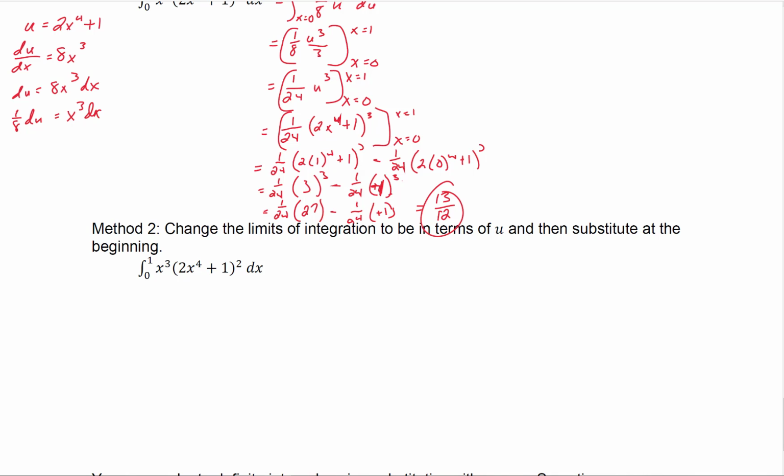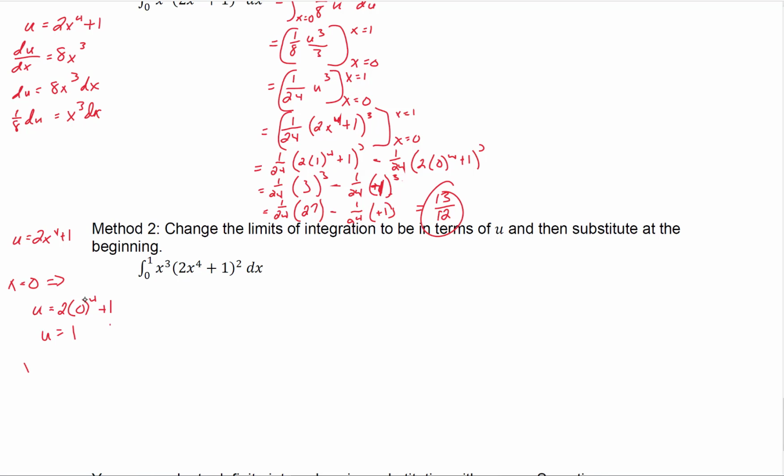But now whenever x equals 0, we're going to use the fact that u equals 2x to the fourth plus 1. So whenever x equals 0, that means u is going to equal 2 times 0 to the fourth power plus 1, so u is equal to 1.